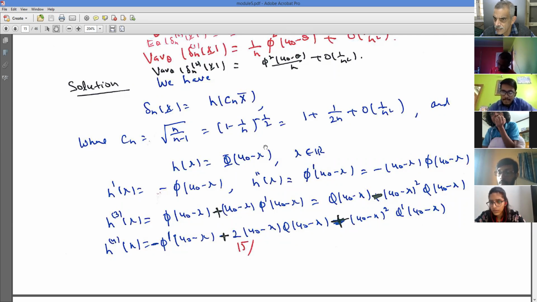What kind of quantity is this? a is a constant, a h plus b h square. Is it quadratic? Just a h plus b h square. So is it little o or capital O?